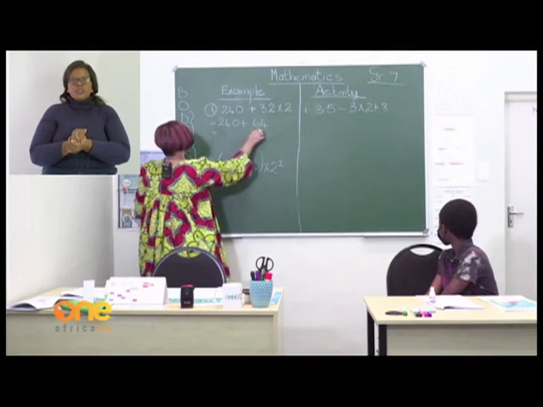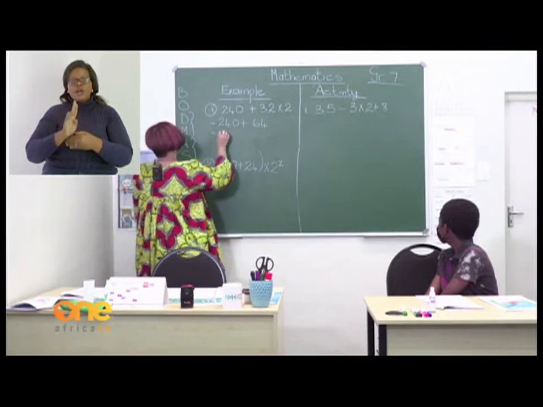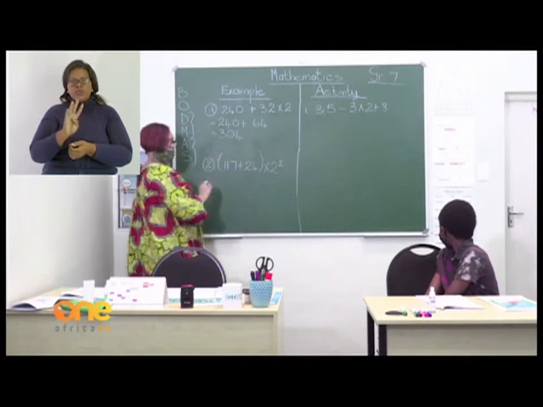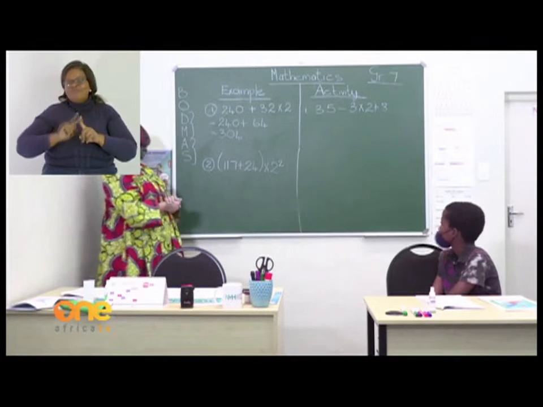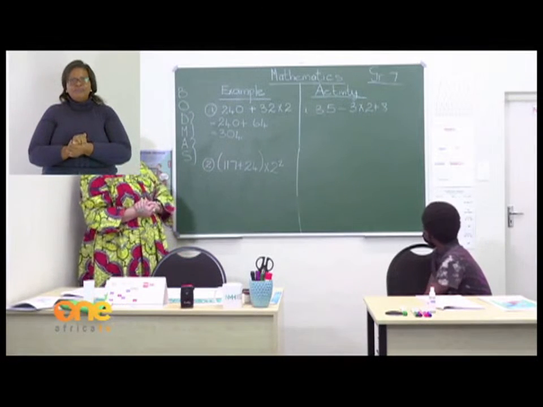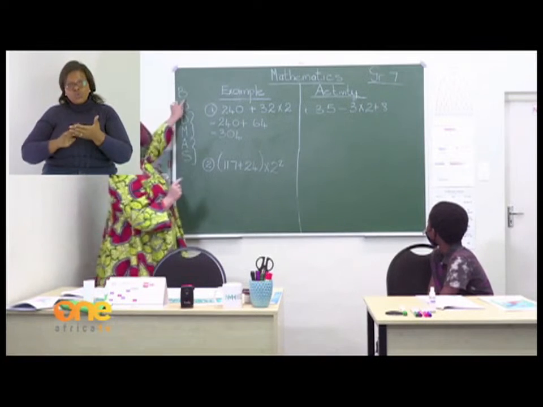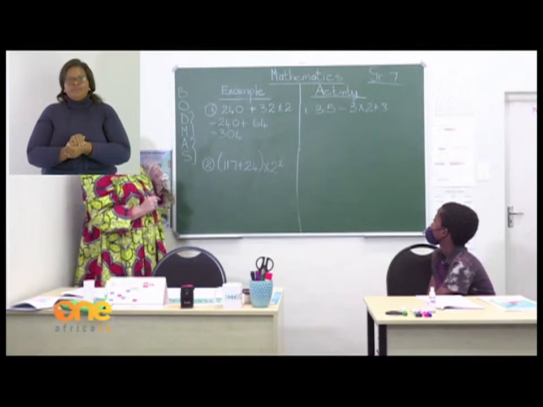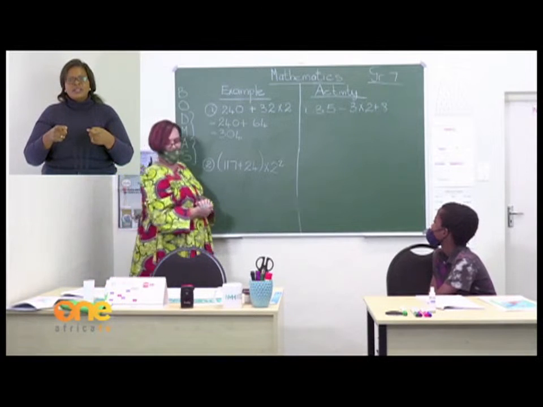So 240 plus 64 will give me 304. I hope you found the answer before me. Thank you. All right, let's do our second example. Do you know what we are going to do first? Of course, brackets. In this sum, we have brackets, so we will do our brackets first.